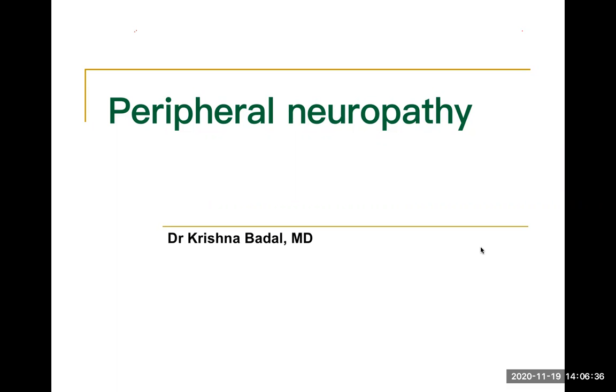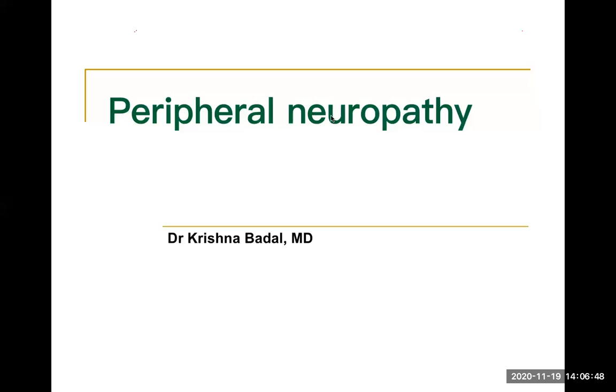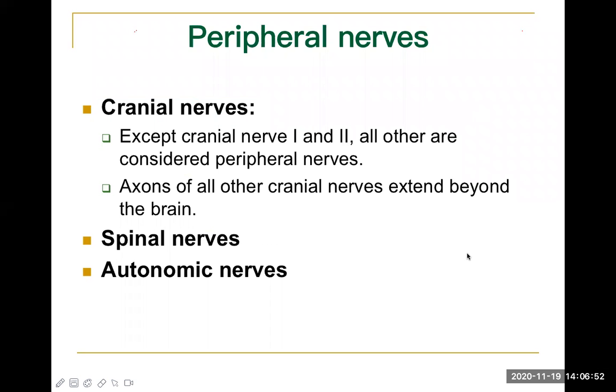spinal nerves and cranial nerves both are peripheral nerves. Except cranial nerve 1 and 2, all other cranial nerves are considered peripheral nerves. Now see here. Let's start with a little bit of anatomical meaning.